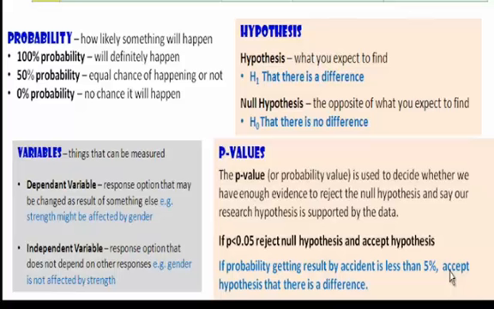Or to say it in another way, if the probability of getting the results by accident is less than 5%, I can reject the null hypothesis. It's very unlikely. And therefore I can accept the hypothesis that there is a difference between staff and students.